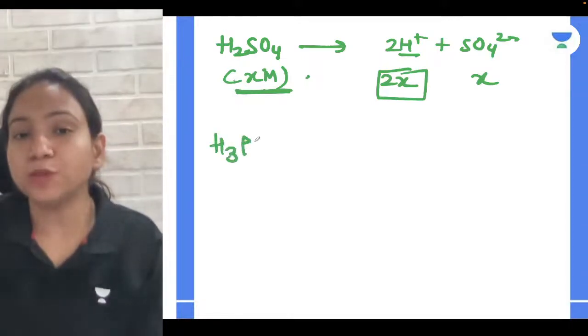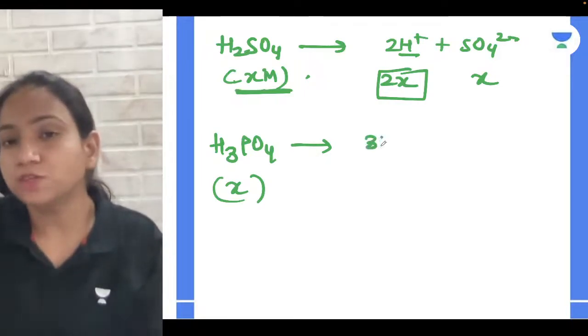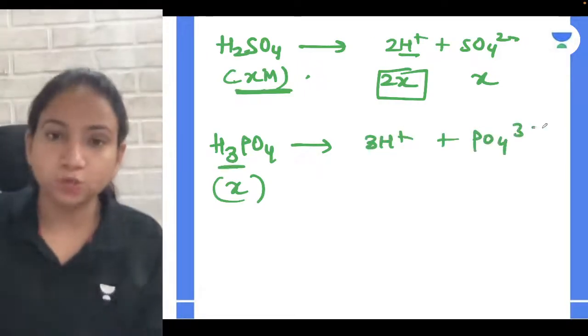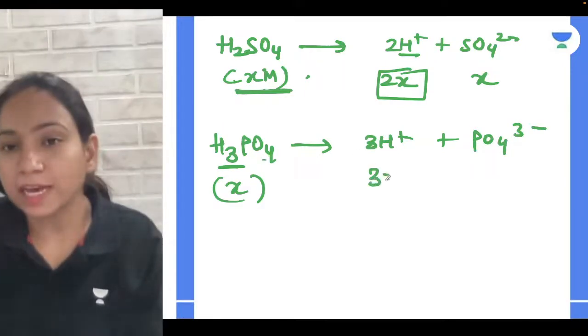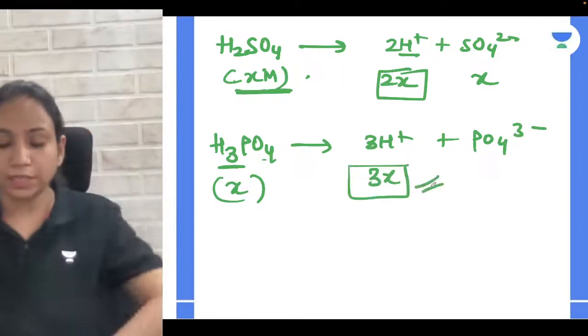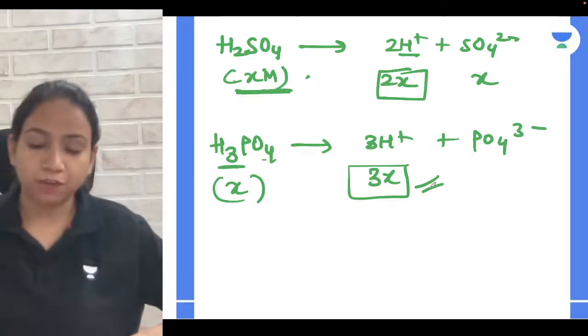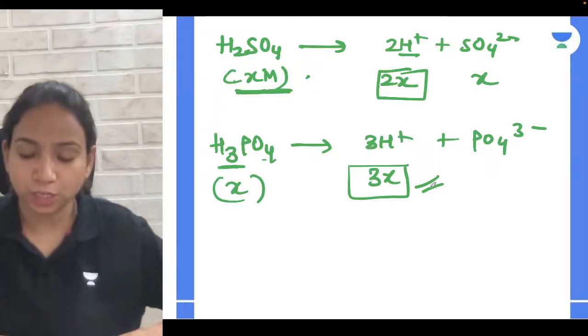Suppose they give H3PO4 with X concentration. It will give 3 H plus ions because 3 hydrogens are there, so the concentration will be 3X. Everyone getting this?